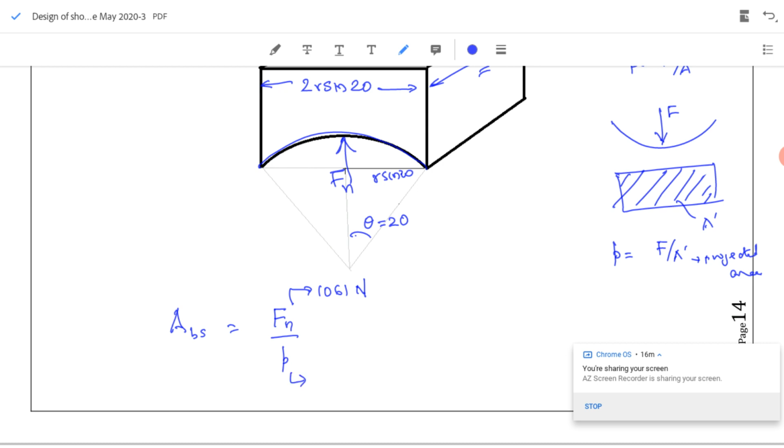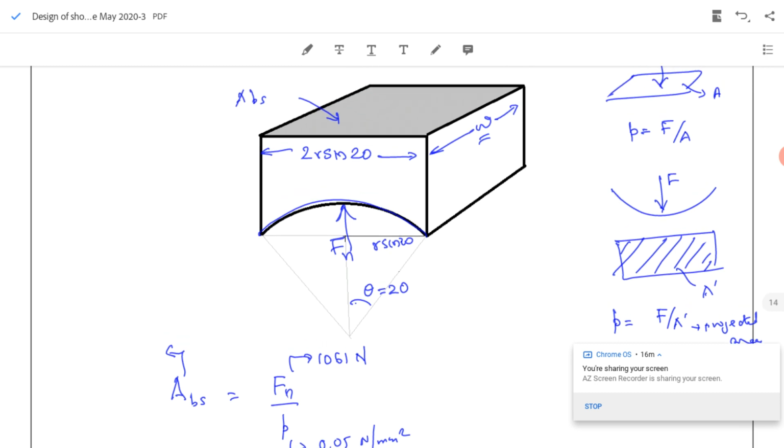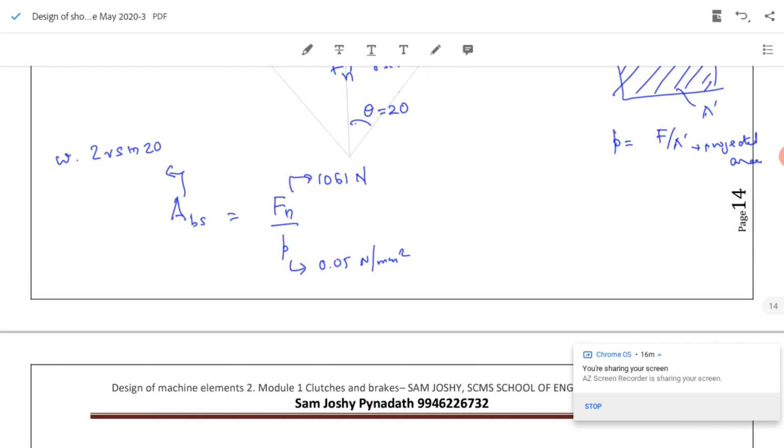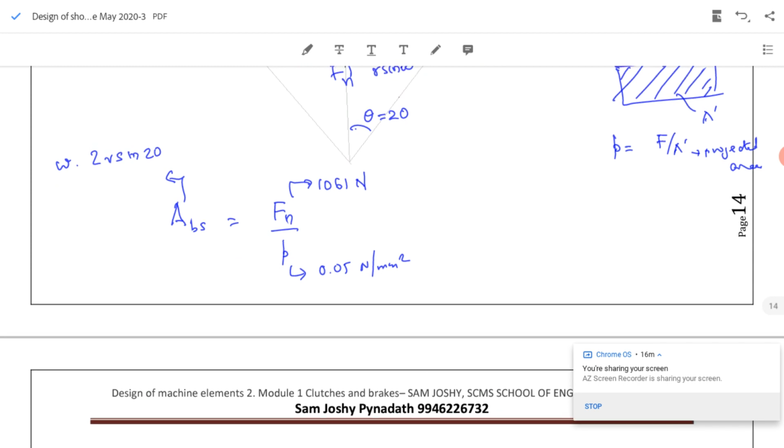P is given as 0.05 Newton per millimeter square, and ABS is the shaded area, and the shaded area will be equal to W into 2R sin 20, from which I will get the value of W. I will get W equal to 103.405.